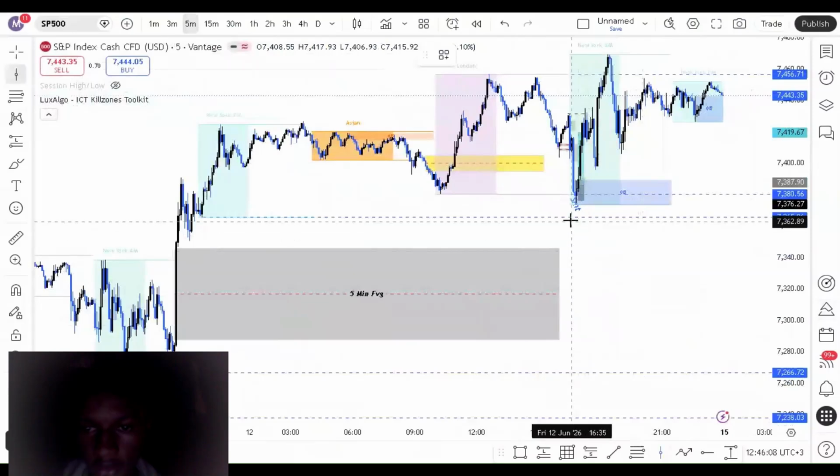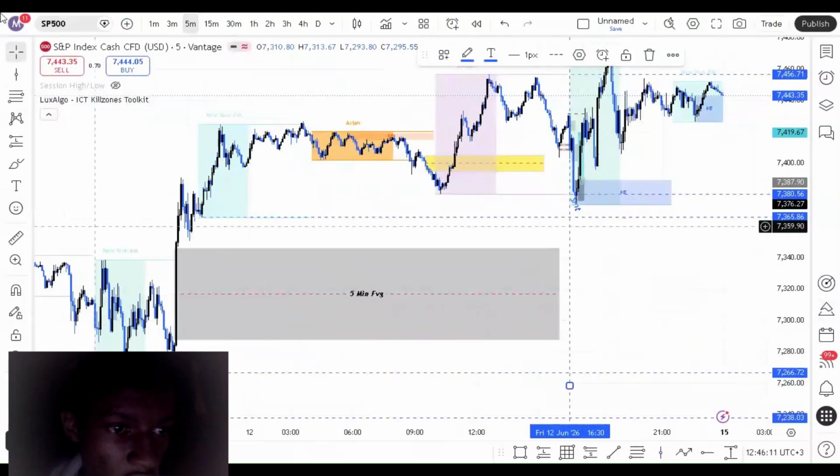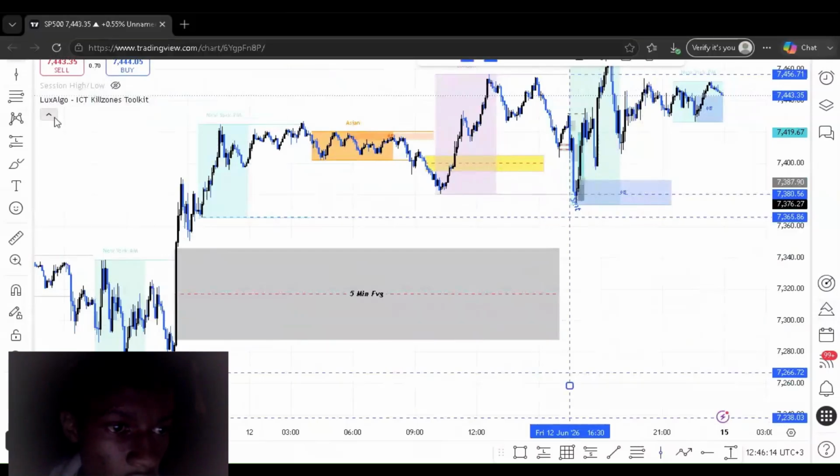The market opened here. I will have to remove those indicators so that the screen could appear much clearer.